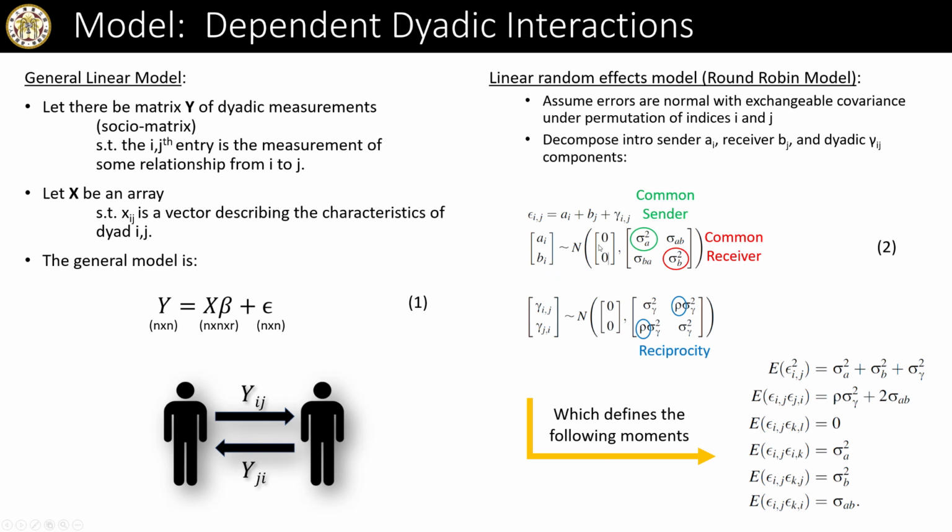And so when we look at the distribution of these, they're distributed about 0 with the following covariance matrices, and we can see that sigma squared sub a is the common sender covariance, and then sigma squared sub b is common receiver, and then captured in this rho term, so rho sigma gamma squared is the reciprocity between the actors. Okay, so these relationships define the following moments of the variance and covariance elements.